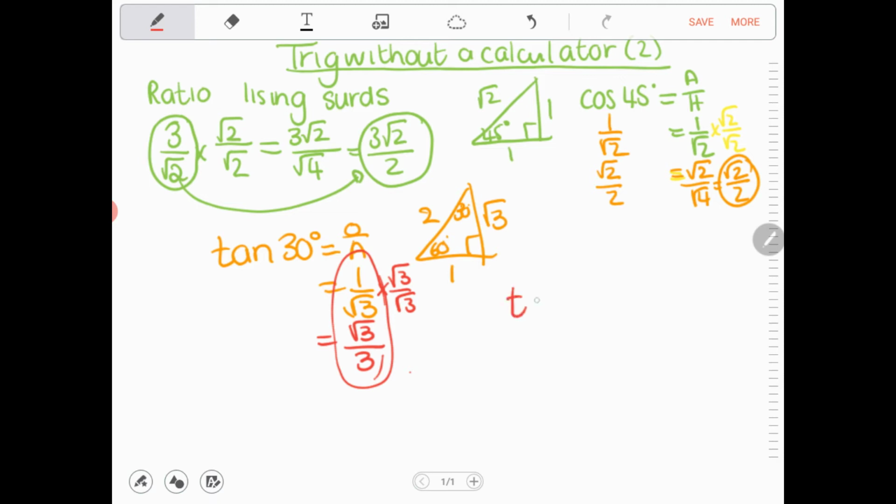Another one that can be rationalized is a tan of 60. Okay, so for tan 60, again, TOA, opposite over adjacent. So opposite, root 3, adjacent, 1. Now that one, sorry, doesn't need to be rationalized because there's a 1 at the bottom. Apologies. Okay, so what about sine of 60?